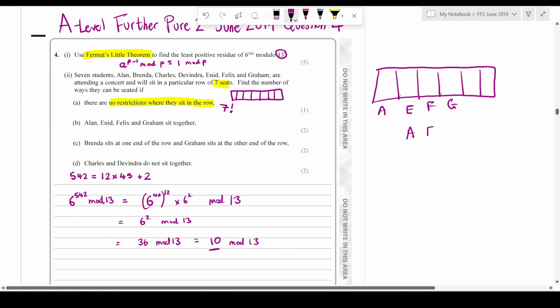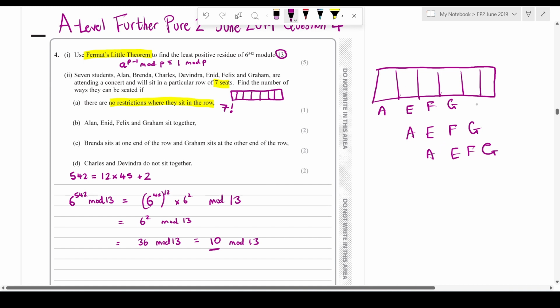We could have the 4 people sat in positions 1 to 4, or in positions 2 to 5, or in these positions, thinking directly below each one.